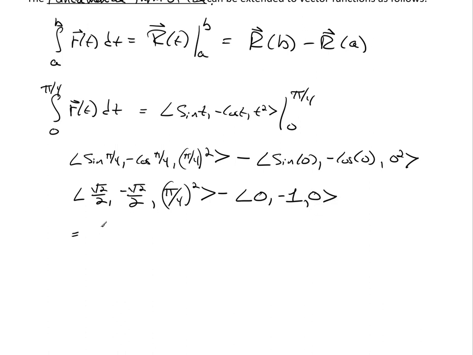So that's going to end up giving me the vector root 2 over 2, negative root 2 over 2 minus negative 1, which gives 2 plus root 2 over 2, and, of course, pi over 4 quantity squared. That's it. That's all there is to it.